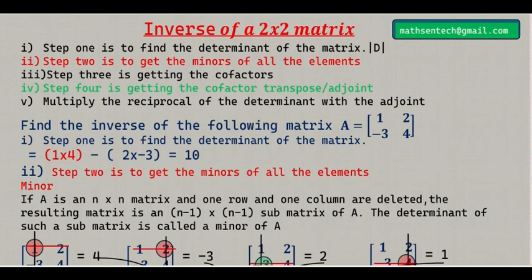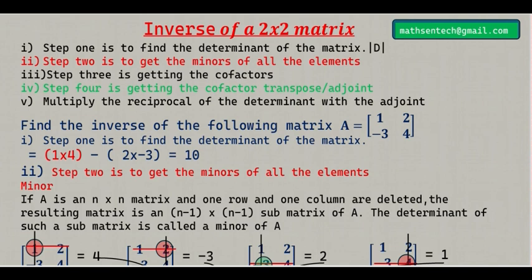You're going to see what minors are. Then number 3 is getting the cofactors. Then number 4, you get the transpose of the cofactor, and that's also called the adjoint. Then finally you multiply the reciprocal of the determinant with the adjoint. I think I've already said what reciprocal is.